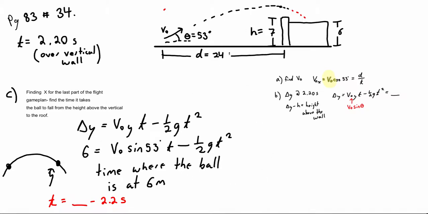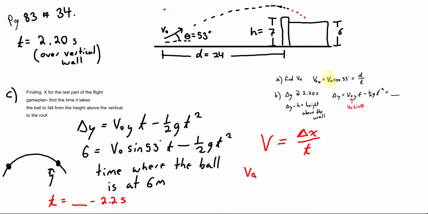Once you find that time, now it's pretty straightforward. When you have the time, you know that constant velocity is equal to delta x over t. You're trying to solve for delta x, you are looking for t, and the good thing about the x direction is that it is constant.